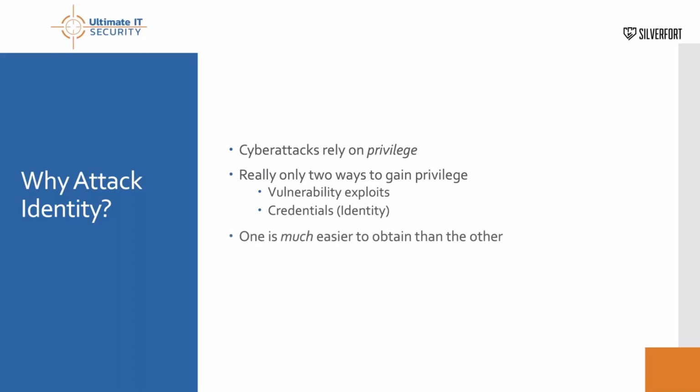And when you think about it, one is certainly a lot easier to do than the other. You take vulnerabilities, we need to either have a system that is ripe and hasn't been patched in forever and still has a vulnerability from 6 months ago, a year ago. There are still cases of systems being compromised from vulnerabilities that have been there for years and years, over a decade.